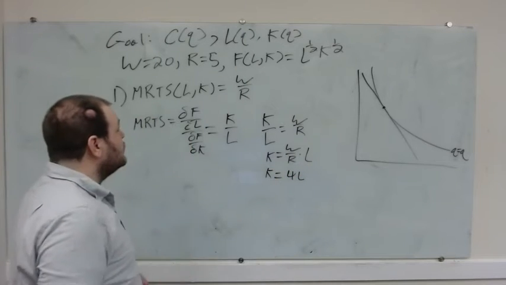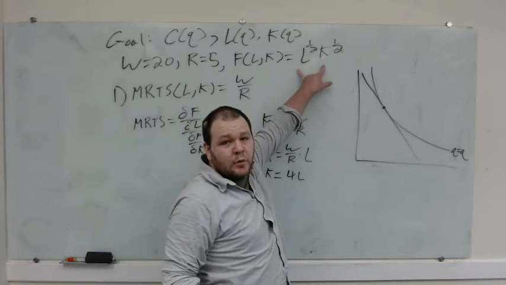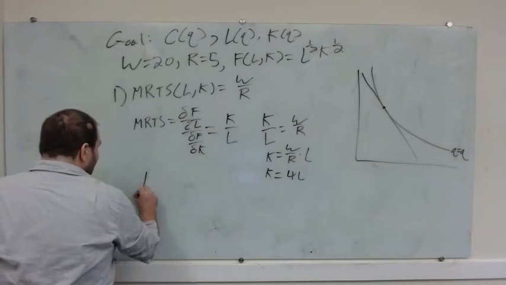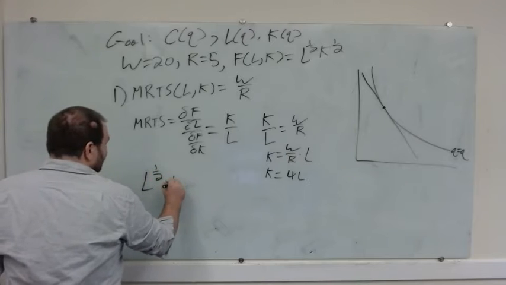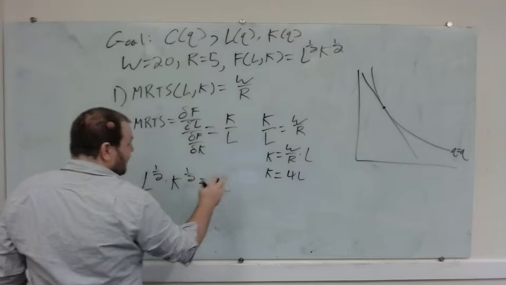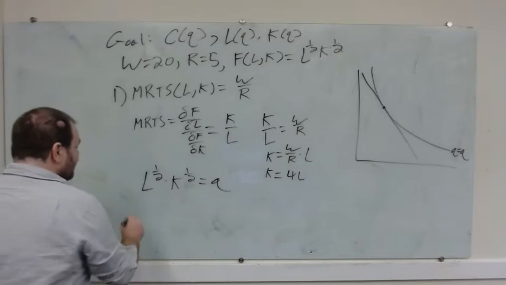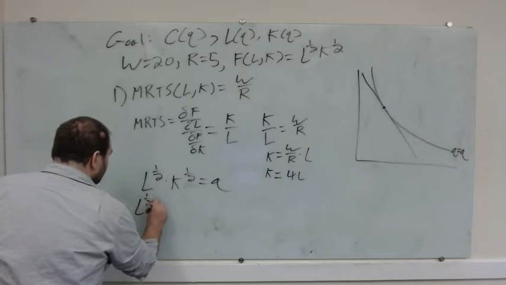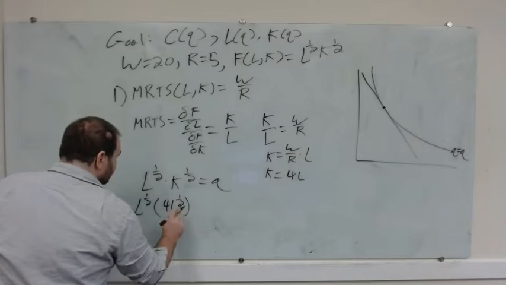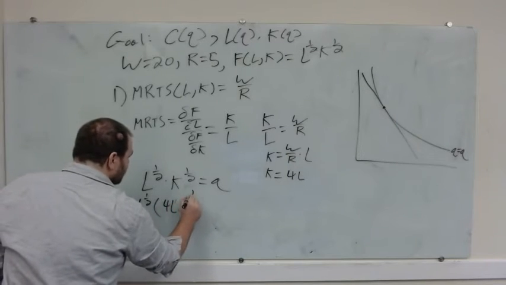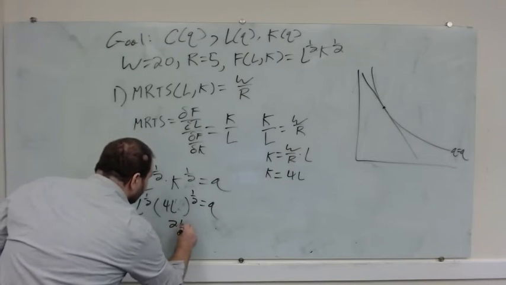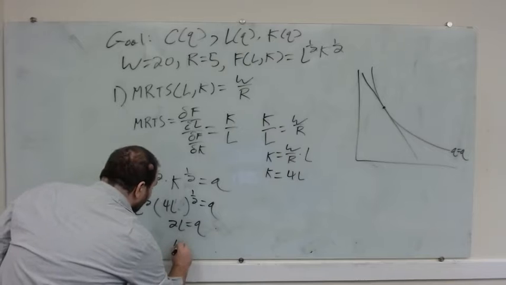And then we plug that into not our specific isoquant, but our generic isoquant. So then we'll say L to the 1/2 times K to the 1/2, instead of equaling 4, equals Q. So L to the 1/2 times 4L to the 1/2 equals Q, 2L equals Q, L equals Q over 2.